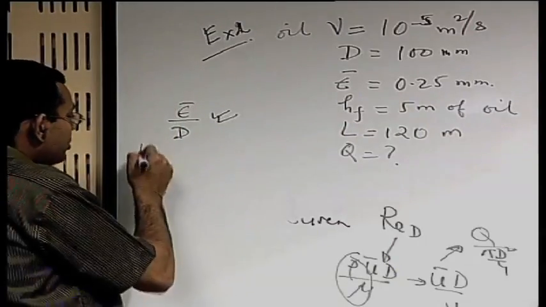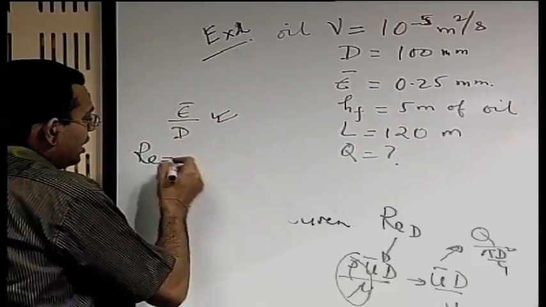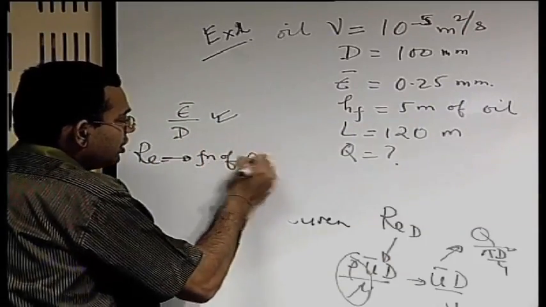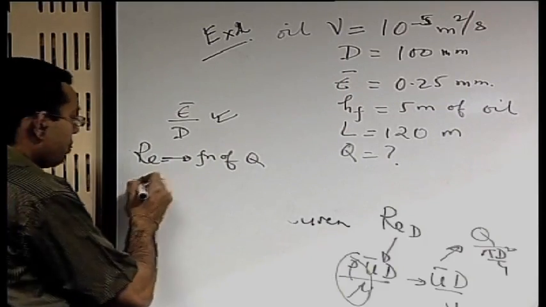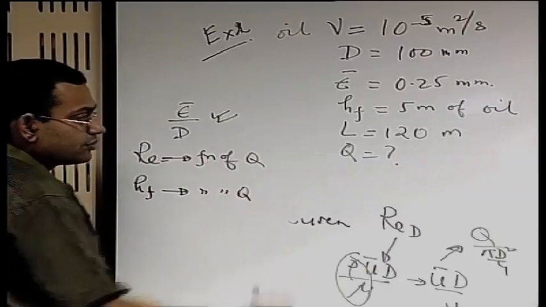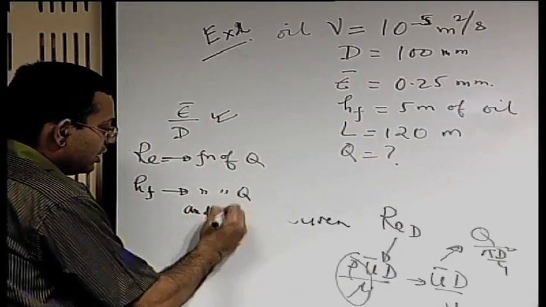So the Reynolds number you could calculate, and it could be a function of Q. The remaining things are known, and hf, that also you can write as a function of Q, and f.